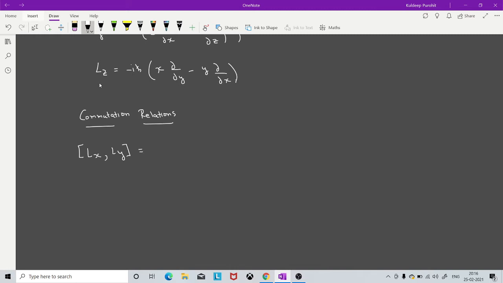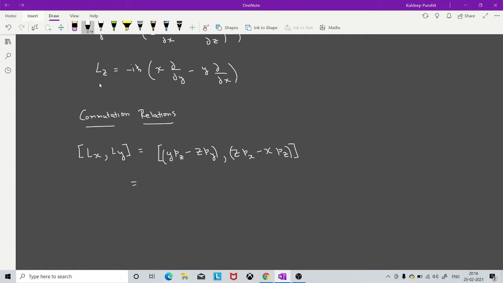From the definition, Lx is y pz minus z py, and Ly is z px minus x pz.